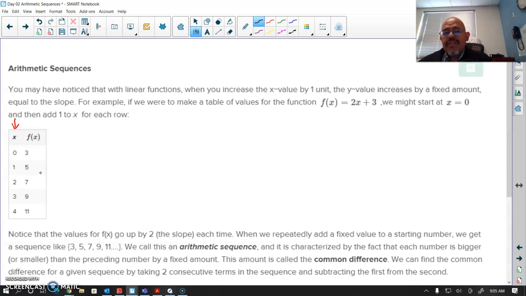Now, to get the common difference, we're going to take these two numbers, and it's always the second number minus the first number. So that gives us a 2. Then you go to the next two, including the 5. So 5 is the next number, and 7 is the one after that. So we take 7 minus 5, and the common difference is 2 also.